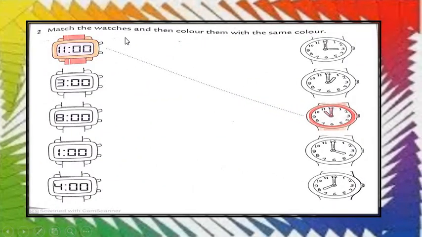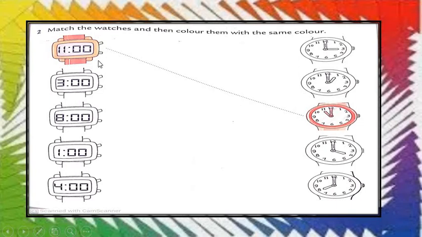Match the watches and then color them with the same color. On this side we have digital clocks, while on the other side we have our regular watches. So we have to match the times as they both have the same times.